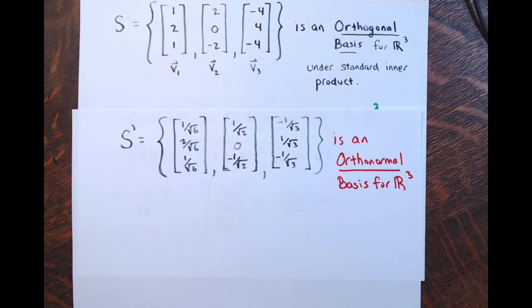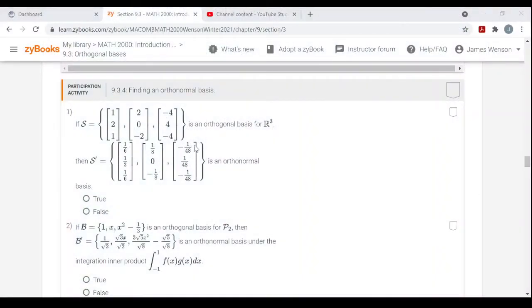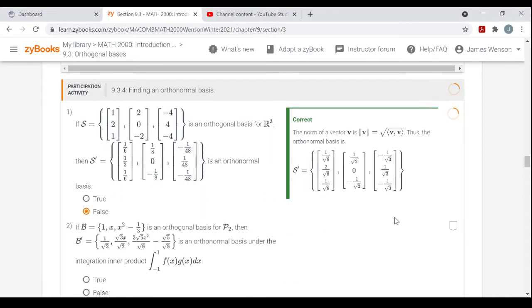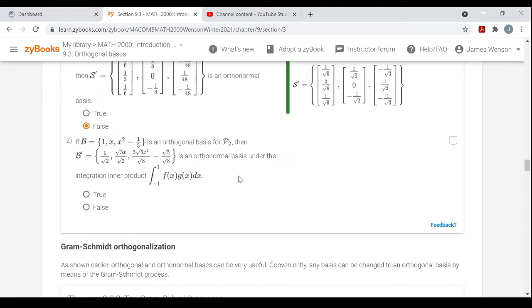All right. So they're asking here, is this an orthonormal basis? No, right? I needed the square roots under these, so this is false. This is the set I got after taking the orthogonal set and normalizing, just dividing every vector by its norm. So you would do the same here: find the norm.